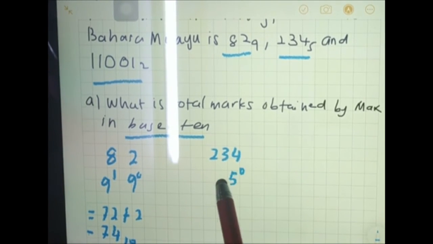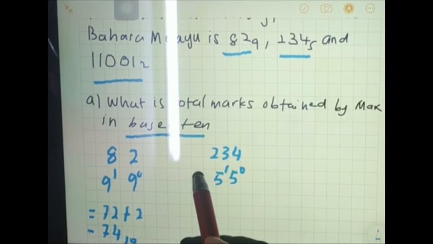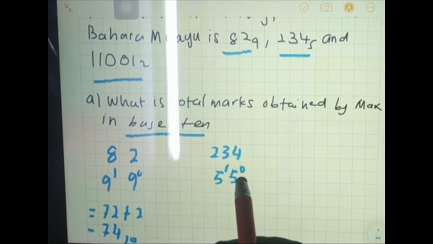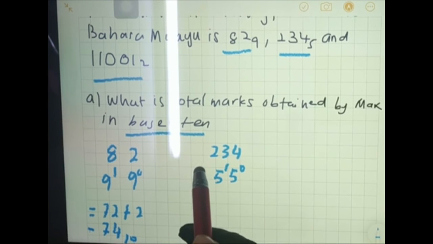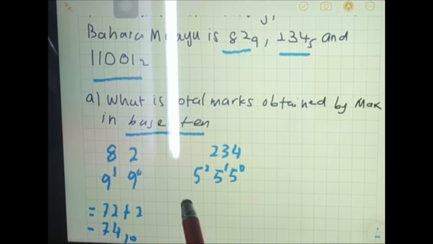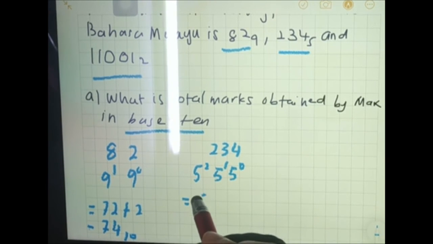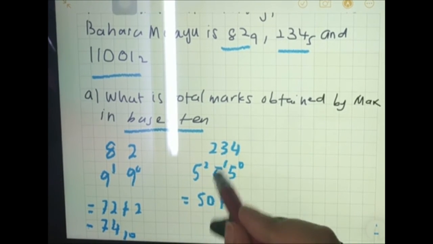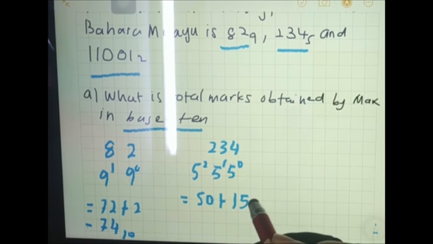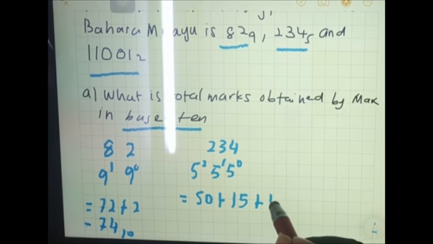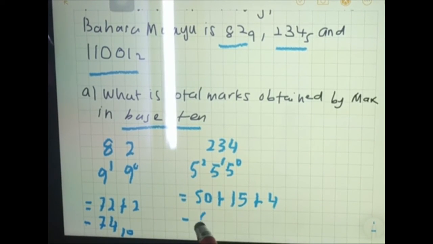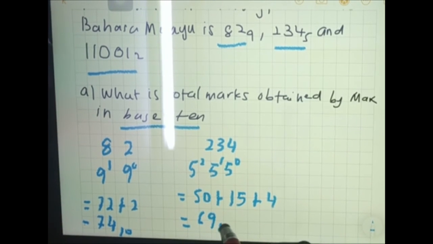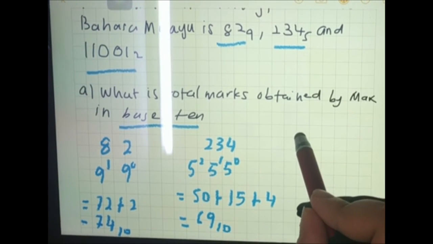So 5 power of 0, 5 power of 1, and 5 power of 2. Get 2 times 25, it will be 50, plus 3 times 5, 15, plus 4 times 1 is 4. Get 69 base 10. Last one.